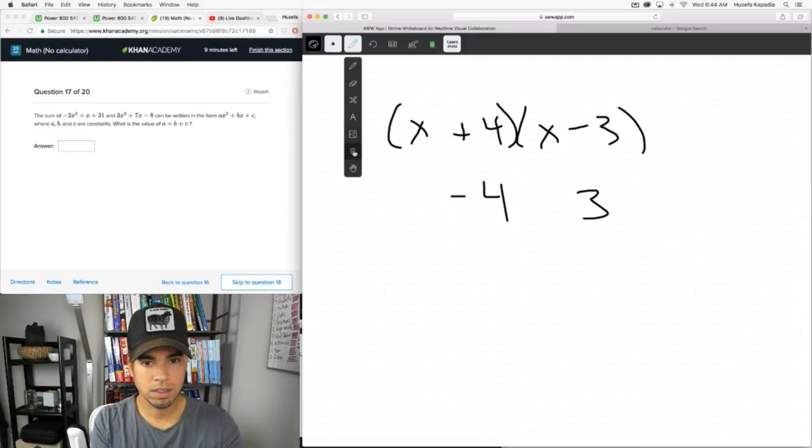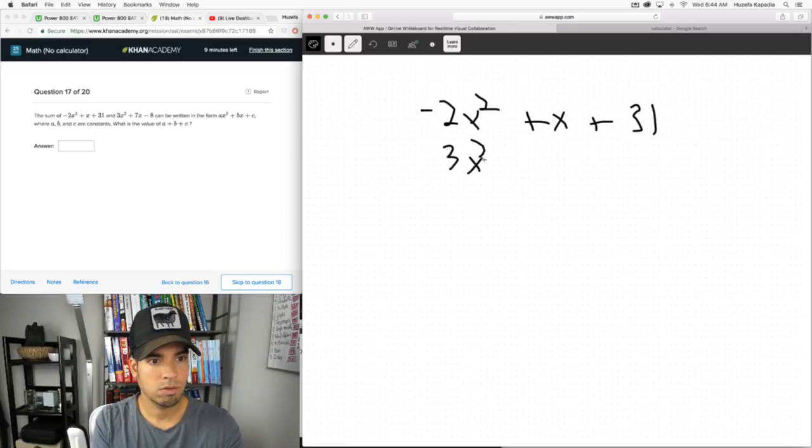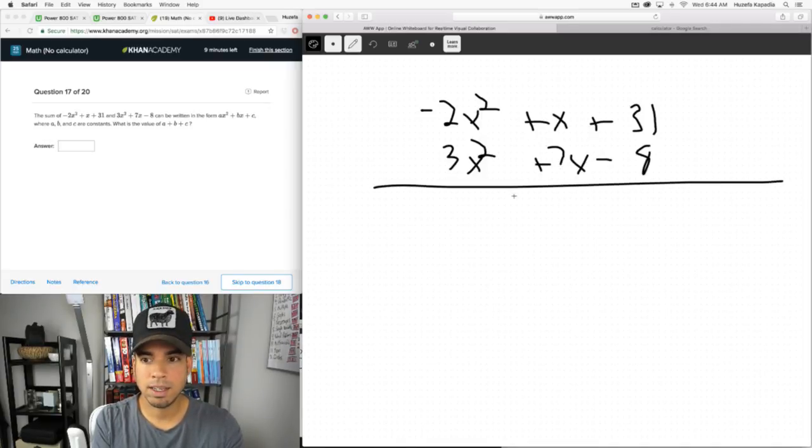Question 17. Oh, come on. The sum of this and this can be written in the form ax squared plus bx plus c. What is a plus b plus c? All right, first, we just got to combine everything. I'm going to do it like this. Negative 2x squared plus x plus 31, and 3x squared plus 7x. I'm just going to add it like this. This will be easier.